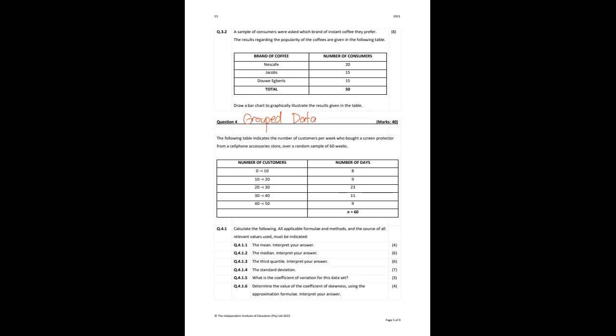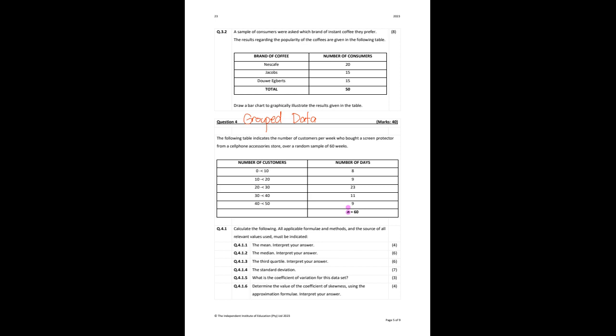So for instance, the first one, the number 8, is saying to you that on 8 days, there were between 0 and 9, or including 0 and 9 customers, up to 9 customers during that particular day.